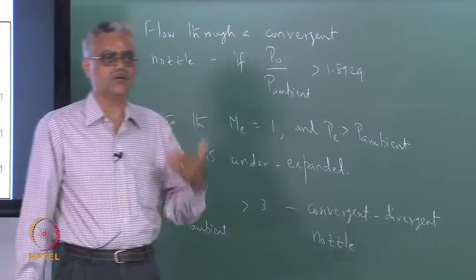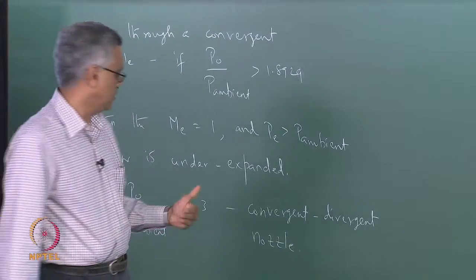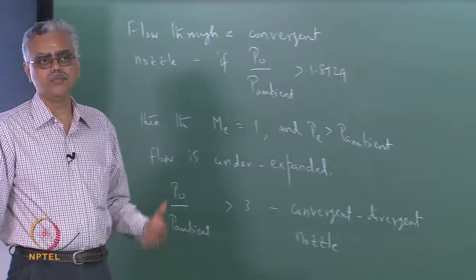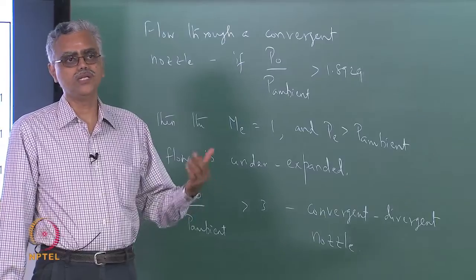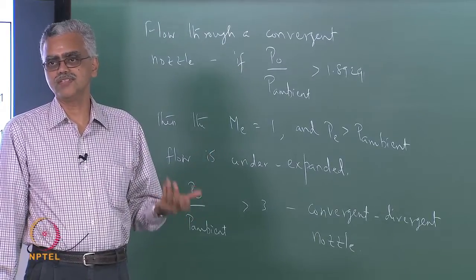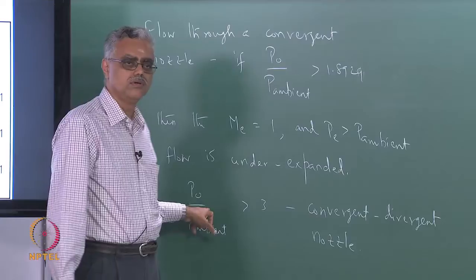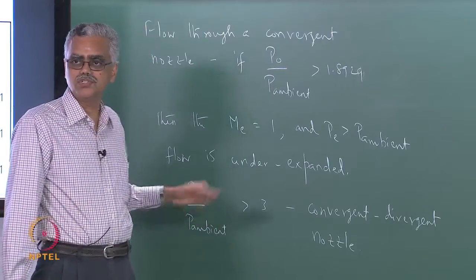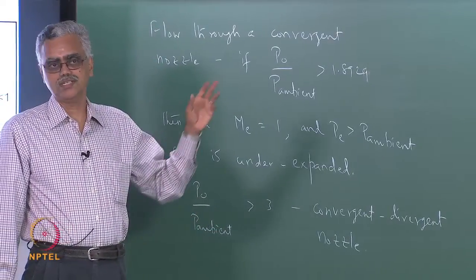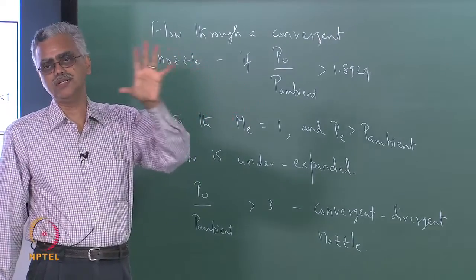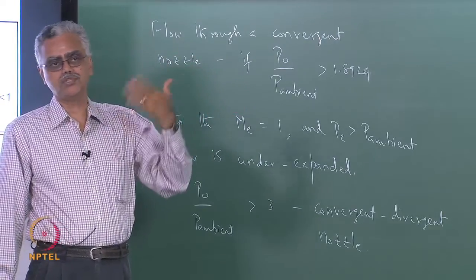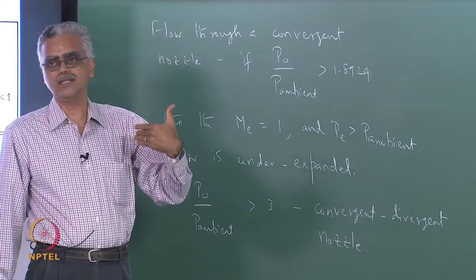So, for example, if you take a rocket engine, the ratio P0 over P ambient may be as high as 10, 20, 50 or even 100, whereas in an aircraft engine this ratio, remember this is stagnation pressure just upstream of the nozzle, is much lower. If you remember the numbers that we talked about earlier, the pressure ratio is about 30 or so in an aircraft engine.